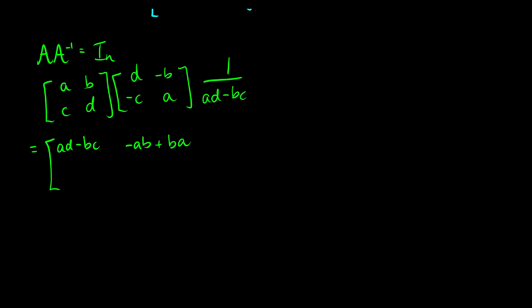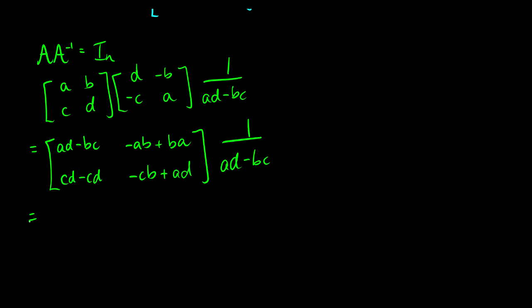The bottom left entry is going to be cd minus cd, and the bottom right entry is going to be negative cb plus ad, and this will all be multiplied by 1 over ad minus bc.